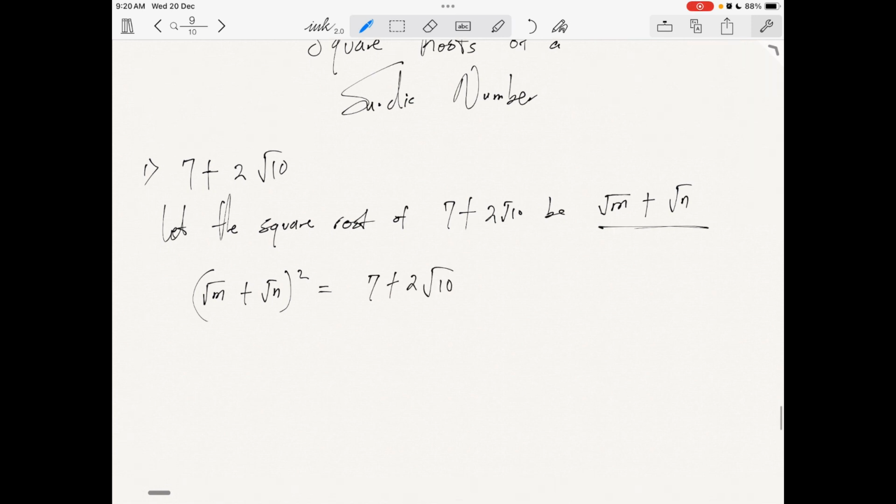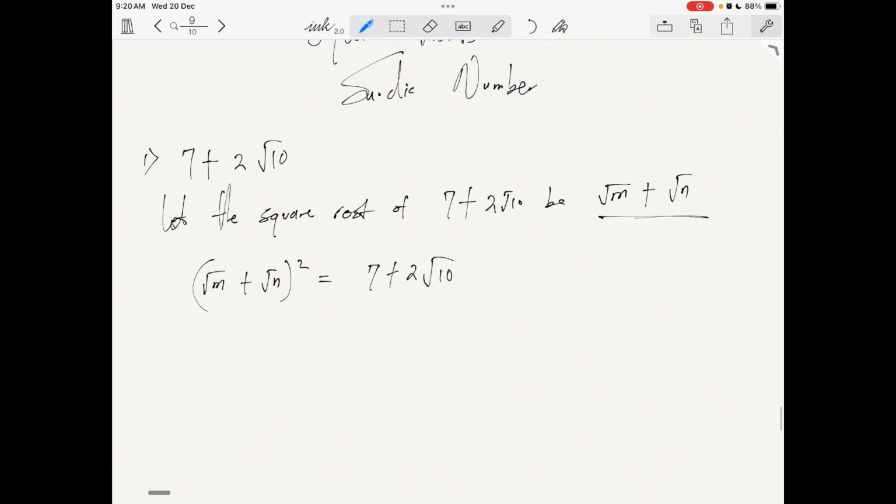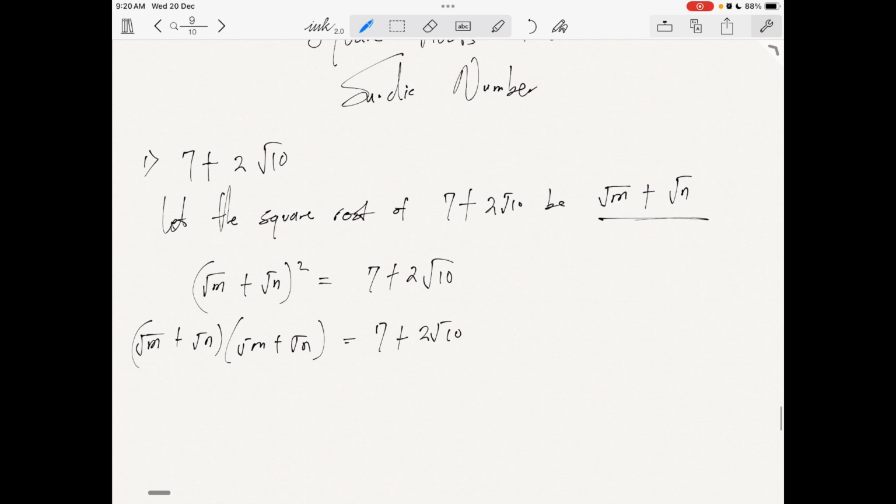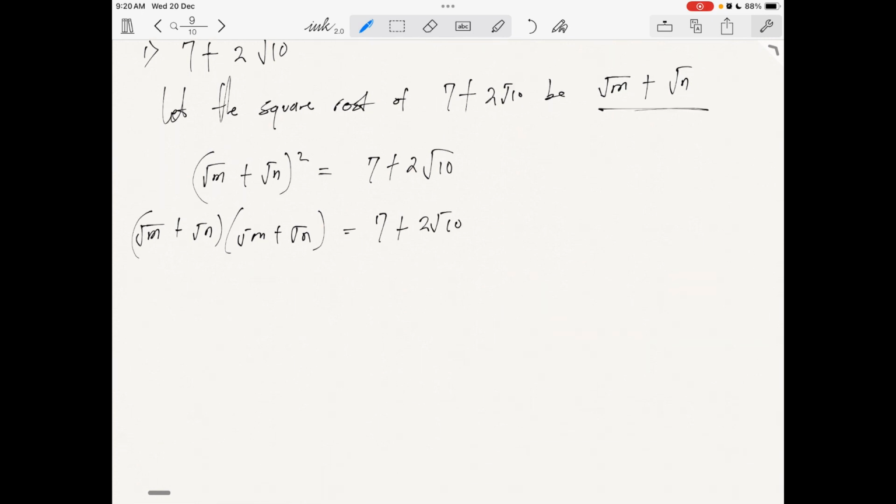Okay, so now we'll have to open the square. This process here, we'll have to open it. So we'll have root m plus root n into root m plus root n is equals to 7 plus 2 root 10. If you open this bracket further, we'll have m plus 2 root mn plus n.